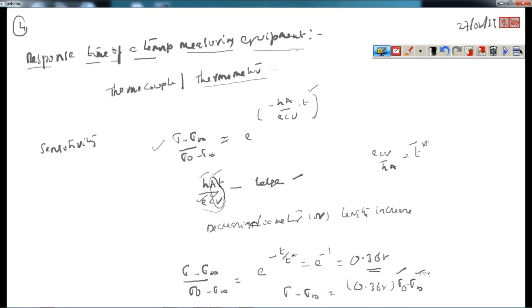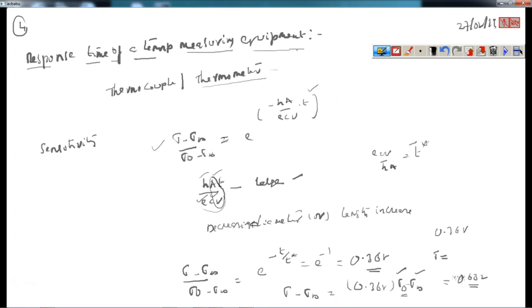The difference should reach 0.368 as quickly as possible, which means the temperature difference has covered 0.632 of the total.